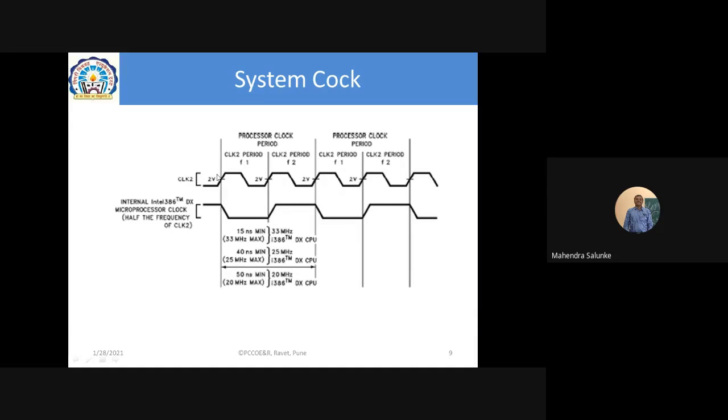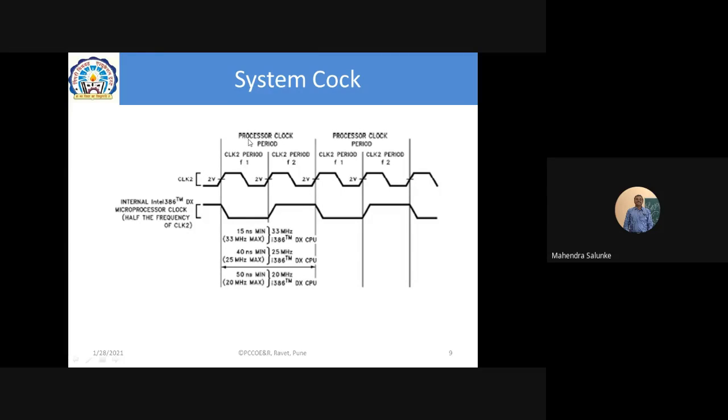Internally this frequency is divided by two, and ultimately you can see the processor clock has this particular period. So this is one period of processor clock, and as CLK2 is divided by two, ultimately two periods, phases F1 and F2, will be there in one processor clock.